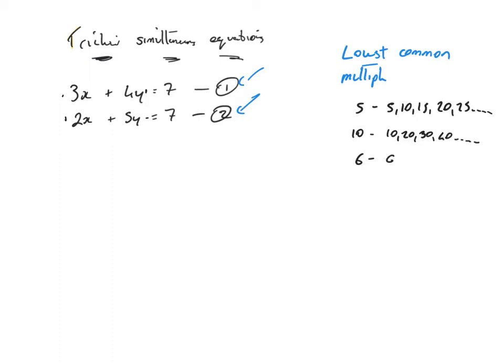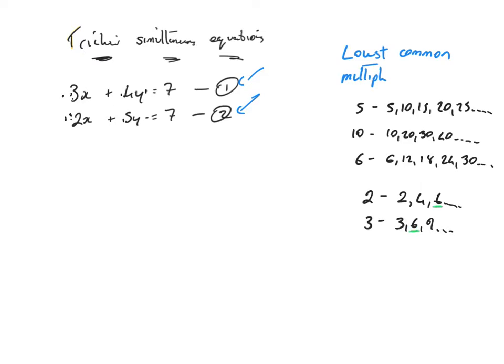For 6 it would be 6, 12, 18, 24, 30 and so on. Now what we look for then is to find the lowest common multiple, and we could do for 4 and 5 or 3 and 2, it doesn't really matter. So if we go after 2, then the multiples are 2, 4 and 6, and for 3 it's 3, 6 and 9 and so on. So we can see then that the lowest common multiple is 6.